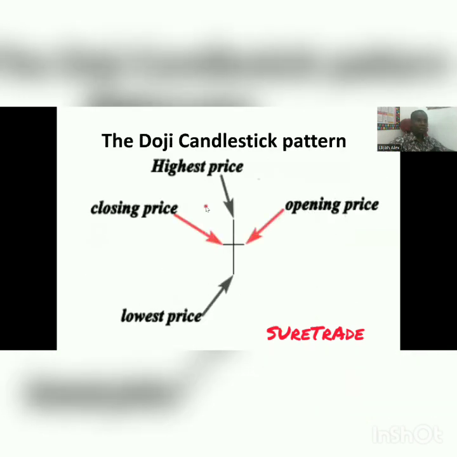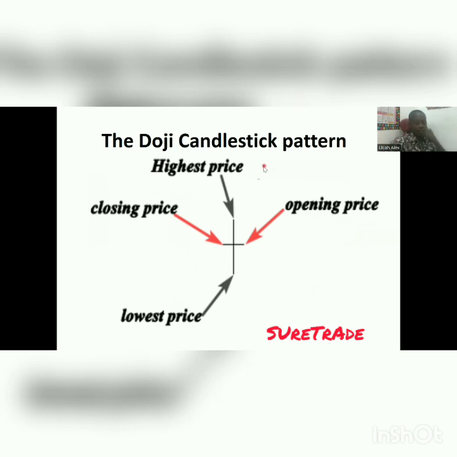Next is the doji. The doji is an indecision candlestick pattern. The doji is simply going to occur either at the resistance level or at the support level. So when you see a very practical doji like this at the support level or in a downtrend, it means the market is about to reverse to the upside.